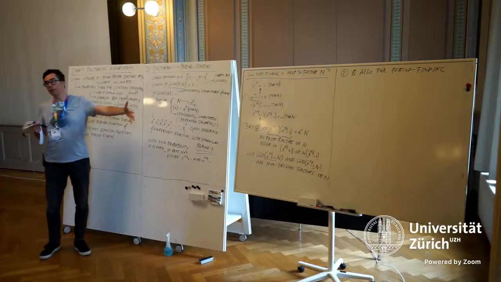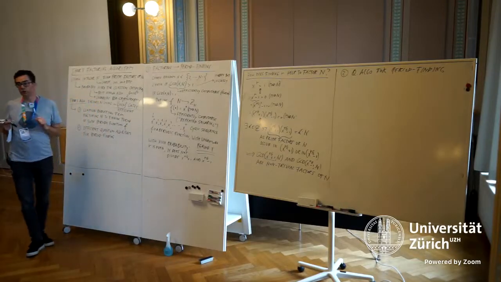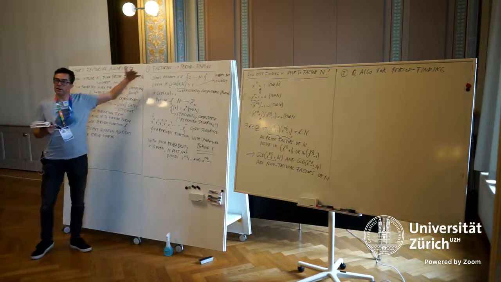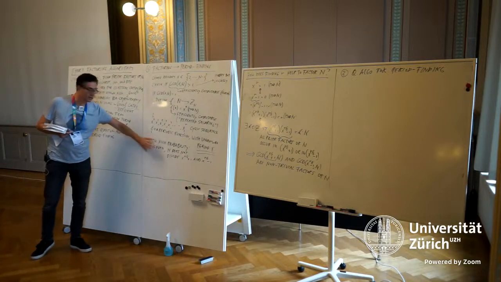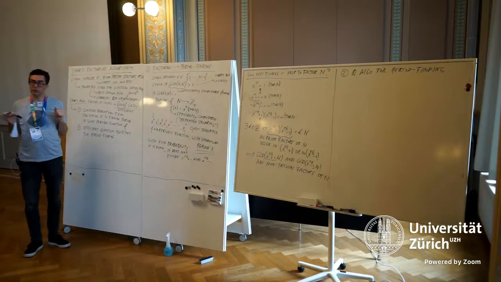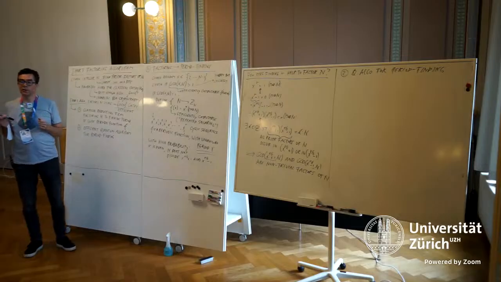Some numbers come out. You check if they are actually non-trivial factors of N, and if not, then you repeat with a fresh choice of x. And again, in your second repetition, you're going to have a high probability that this condition does hold. So you keep repeating this until the two numbers that come out of the GCD computations are actually non-trivial factors of N.